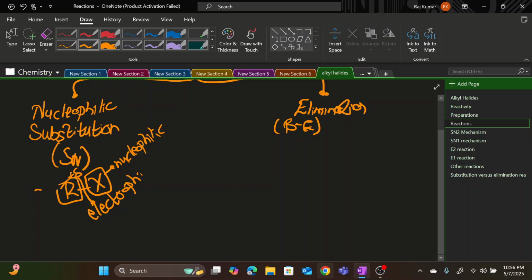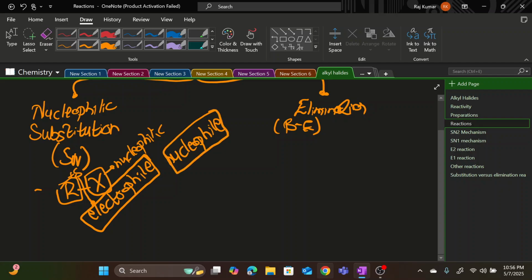Whenever there is an attack of a nucleophile, that nucleophile replaces the halide and forms a substituted product, which is known as the nucleophilic substitution reaction.